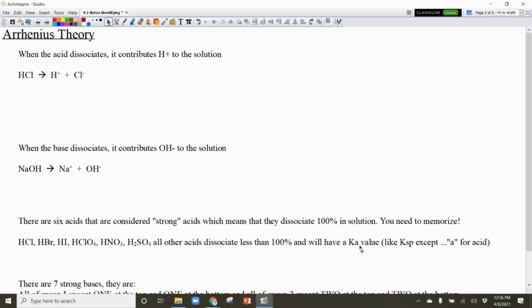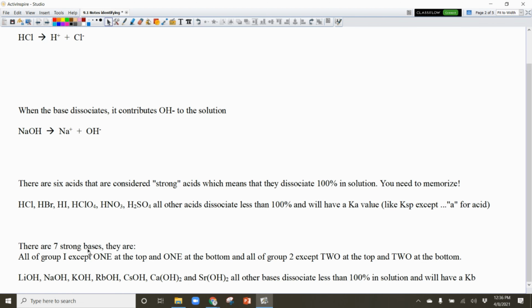All right. And then as well, there are 7 strong bases that you need to memorize. And these are kind of easier to memorize because there's a trick that you use on the periodic table. These 7 bases dissociate 100%. So it's all of group 1 except for the top element, hydrogen, and the bottom element, francium.